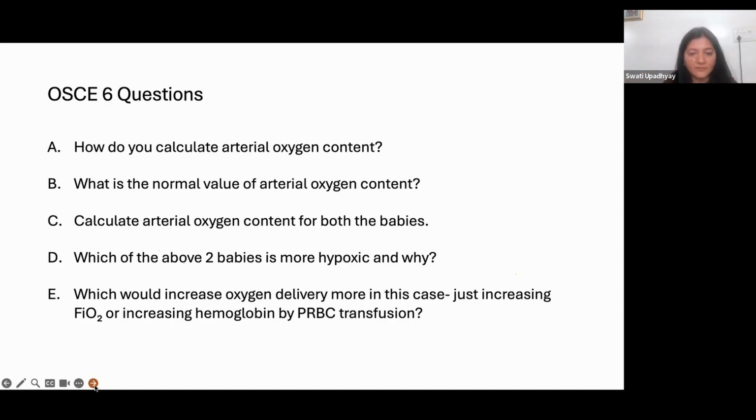Dhamecha, the answer is right. It is around 8, and for baby B it is around 10.8. So baby A is more hypoxic because of the lower arterial oxygen content. Now the next question here is, which would increase oxygen delivery more in this case? Just increasing the FiO2 or increasing hemoglobin by PRBC transfusion?